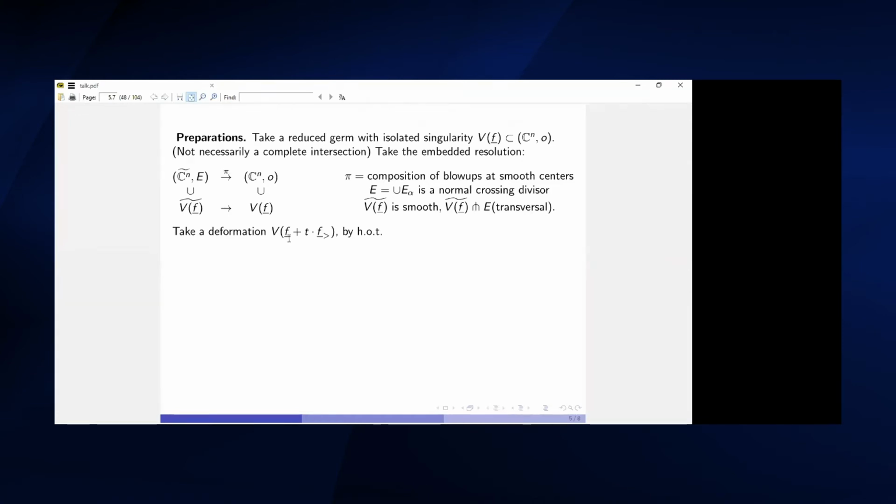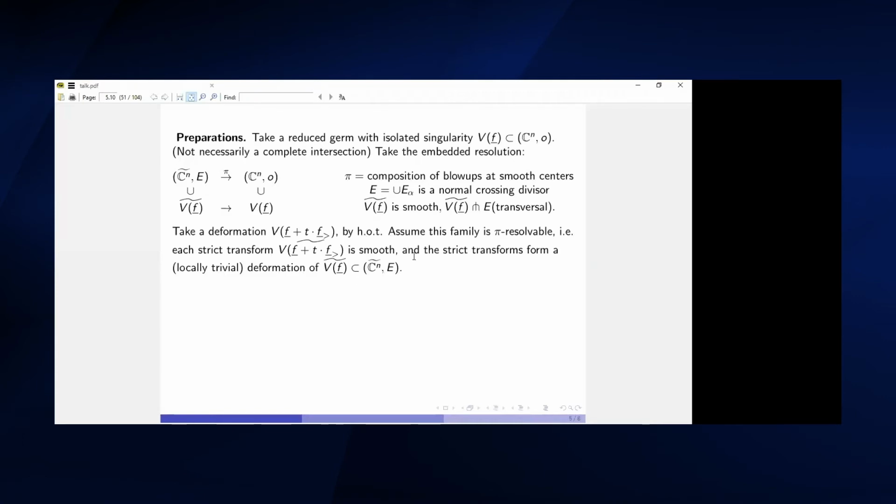It is a one-parameter linear family. And assume that this family is pi-resolvable, which means each strict transform is smooth for T small, and the strict transforms form a locally trivial deformation of the initial member of the family, of the central fiber.